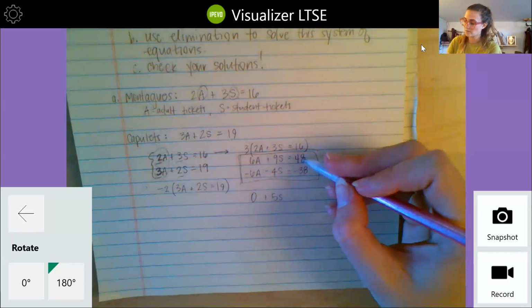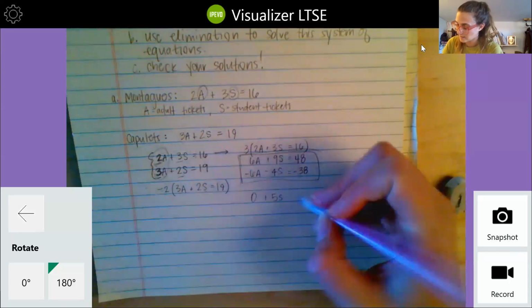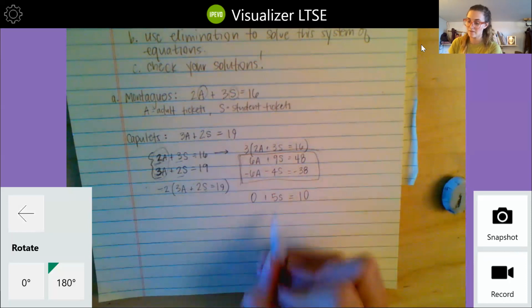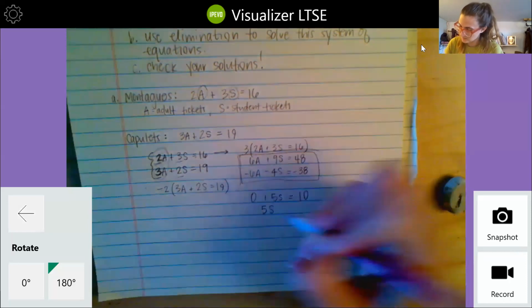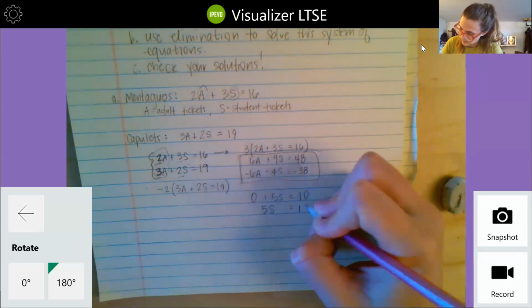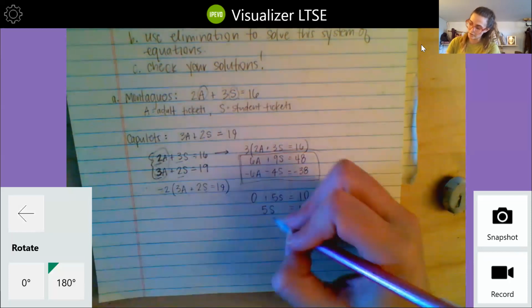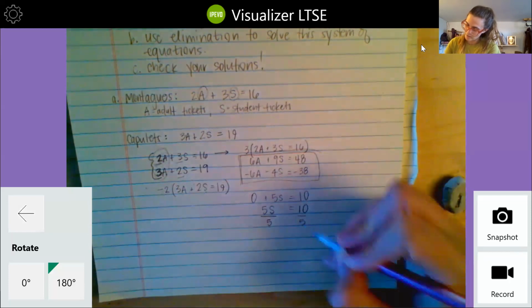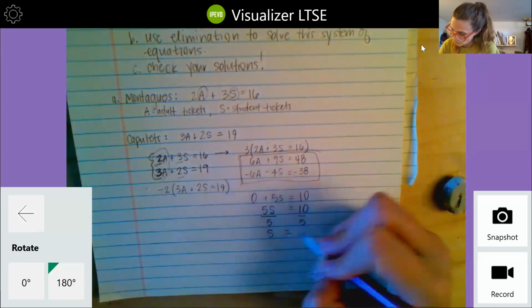And 48 plus negative 38 is equal to 10. 0 plus 5s is just equal to 5s. And again, that's equal to 10. In order to solve for s, I need to divide both sides by 5. So s is equal to 2.